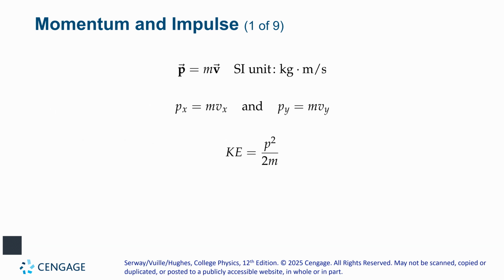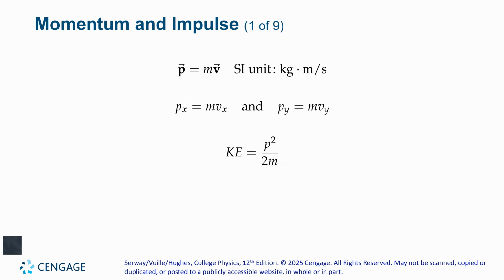So what is momentum? Momentum P is a vector quantity that is a product of mass times the object's velocity V. The SI units for momentum are therefore kilograms times meters per second.